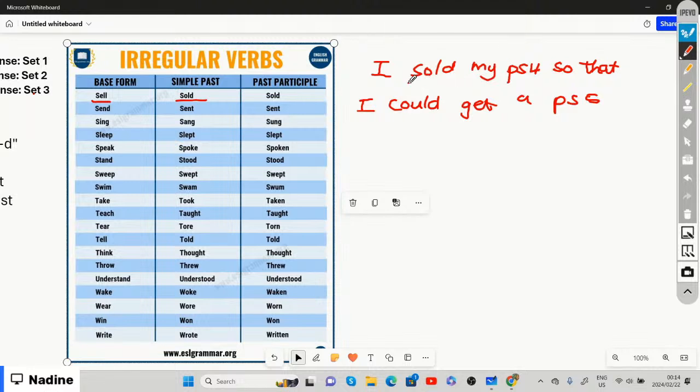So that is basically how we use or form a sentence using the word sold, meaning that this person sold his or her PS4 so they could get a PS5. That is but one example of how we can form and use that sentence.